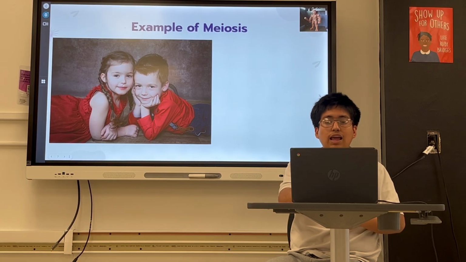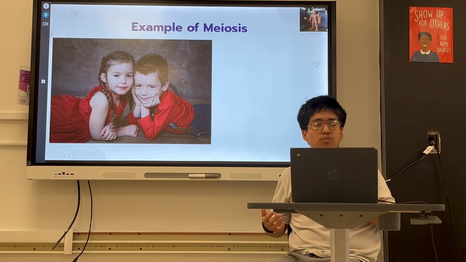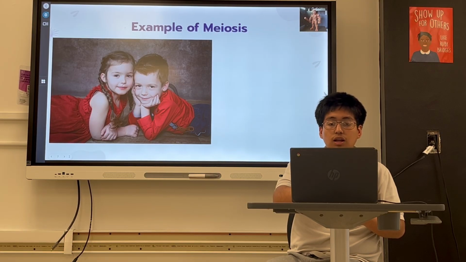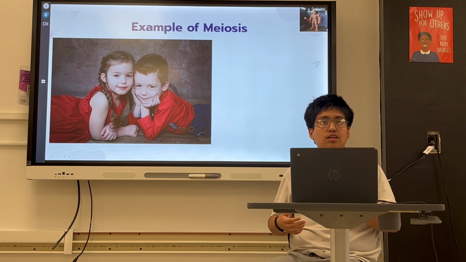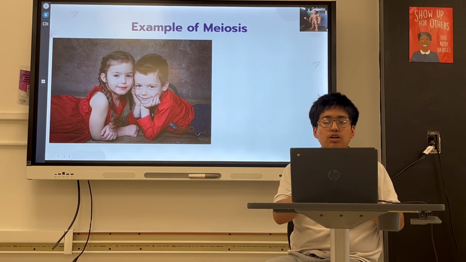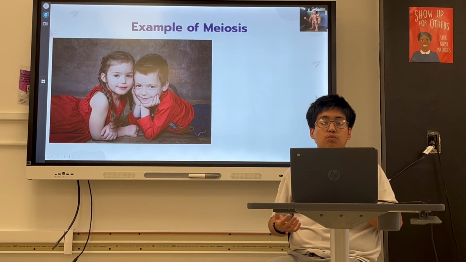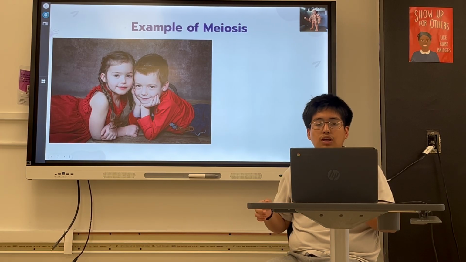This directly dictates why siblings may share similar traits like eye color or facial features, but still have different heights, personalities, hair textures, etc. The genetic variation created by meiosis is extremely important because it creates diversity within a species and helps the population adapt and evolve over time.